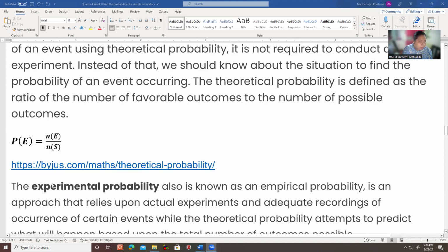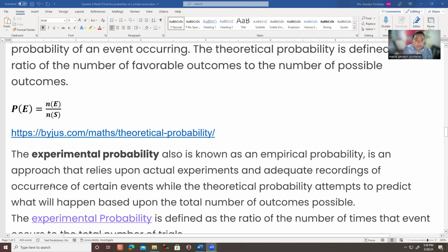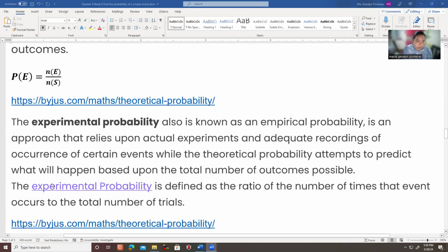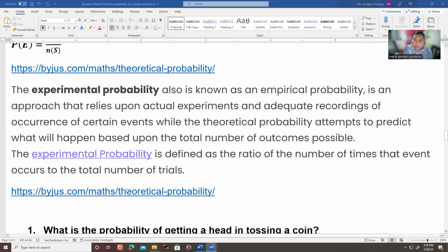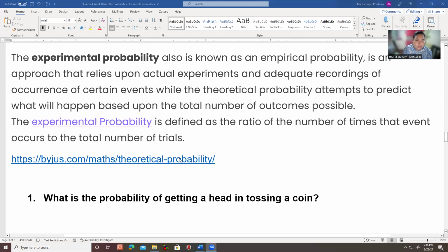In experimental probability, this depends on the experiment conducted. It depends on the occurrences of a certain event within the number of trials. Later, we're going to illustrate the difference between the two.